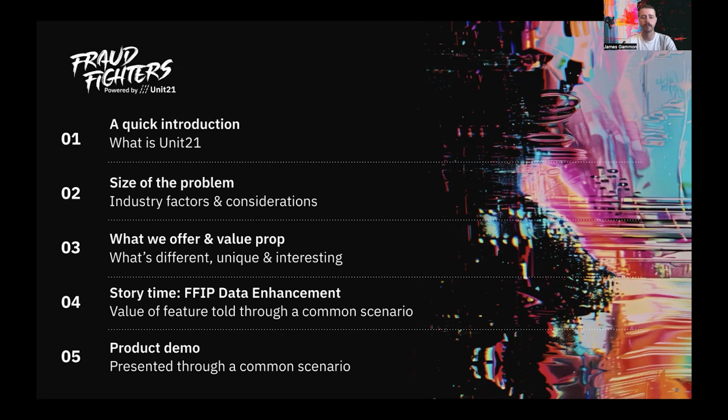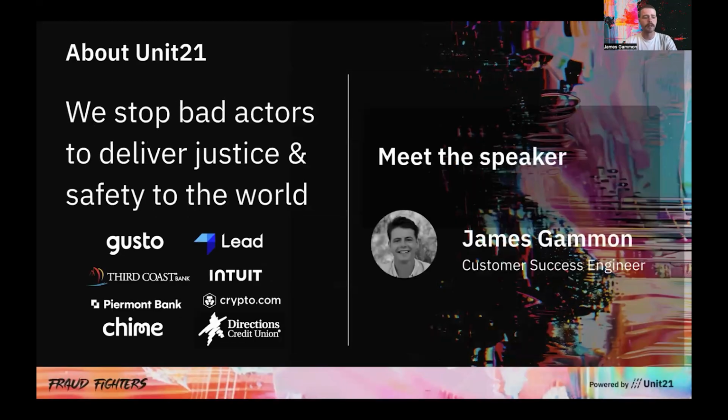And then we want to talk about how FFIP stacks up against the standard API integration pathway. Following that, we will jump into the product offering itself. We'll look at how FFIP actually operates and give you guys a sneak peek as to how this all works, right?